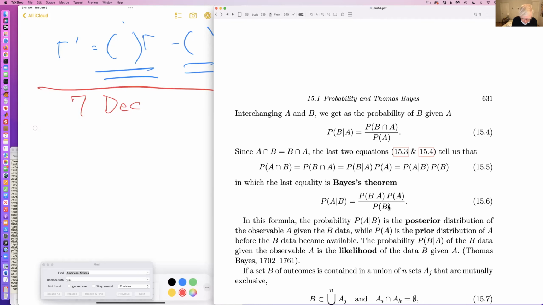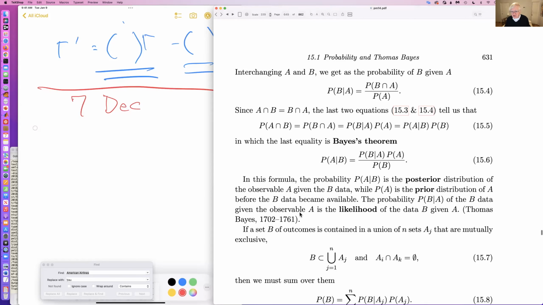And this relation leads to some amusing and surprising results, but it's in fact true. And the interesting thing is it was discovered by I think a member of the English clergy back in the early 18th century.